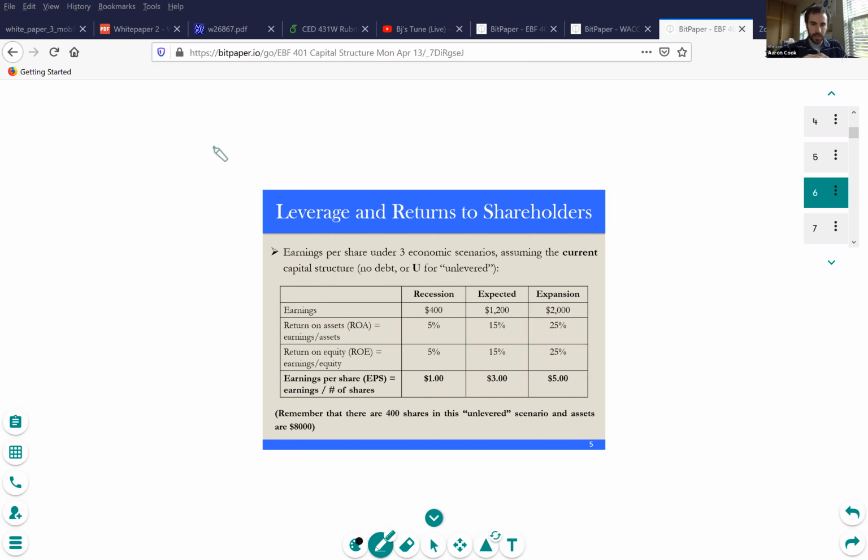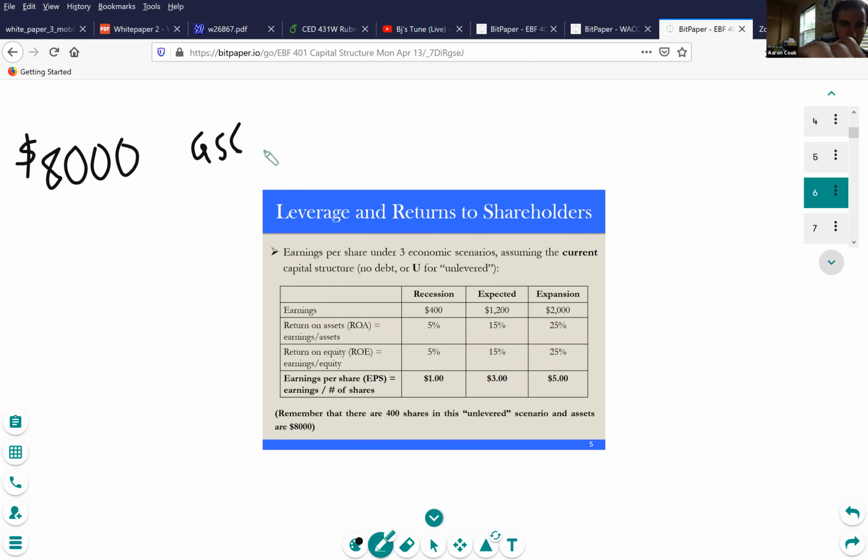There's a question in the chat about return on assets versus return on equity. Let me address that. If we remember, assets were $8,000. The earnings are given by these numbers in this top row.